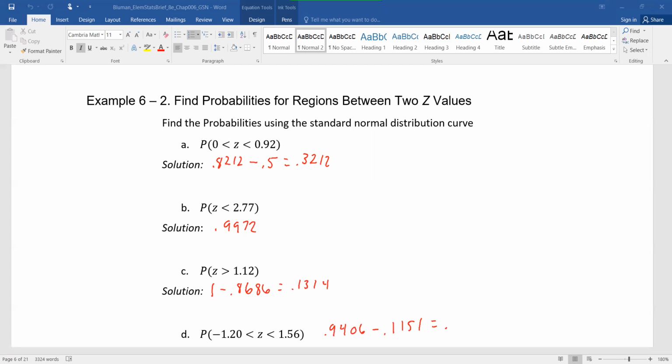Close. 0.8255. Right. So again, you have an 82.55% chance that whatever your data is will fall between negative 1.2 standard deviations and 1.56 standard deviations from your mean.